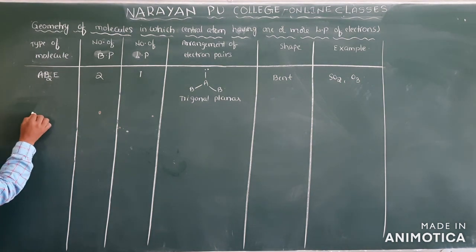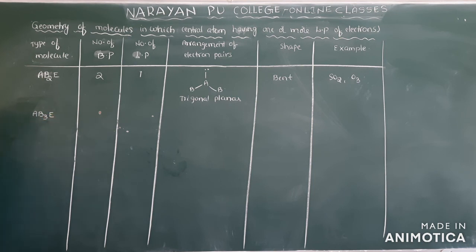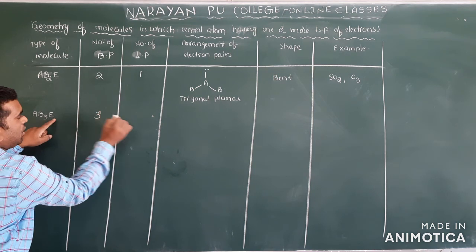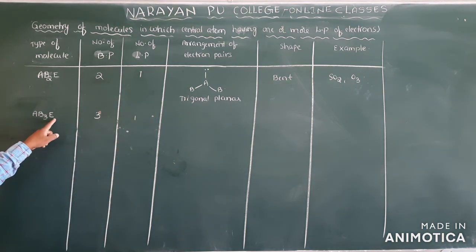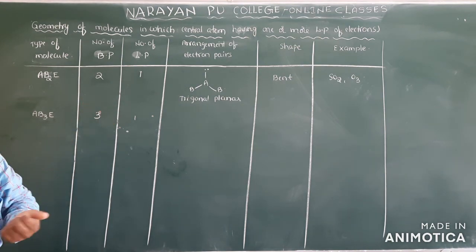And next one I will write here AB3E. Total pairs of electrons: 3 plus 1. 3 bond pairs and 1 lone pair. Clear? If there is no lone pair, only 4 bond pairs, you know the tetrahedral structure.